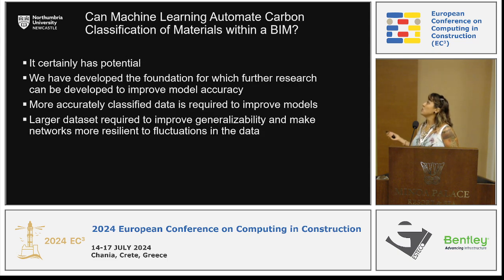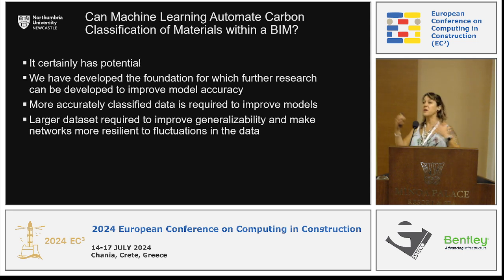So back to our original research question, can machine learning automate carbon classifications of materials within a BIM? Well, I'm not here to make any grand assumptions or declarations. This was just a starting project. It certainly gave us the foundation for seeing whether machine learning could make some predictions, but before we'd be confident about putting this forward as an end solution, I think there's a lot more work to be done.